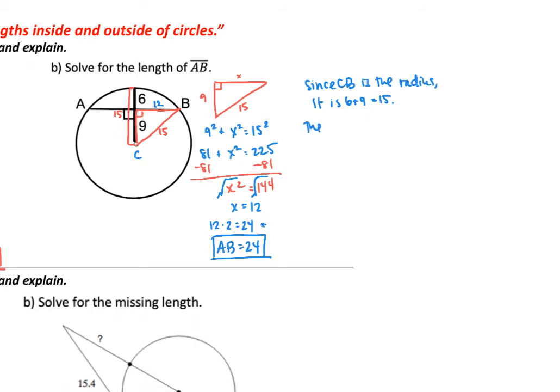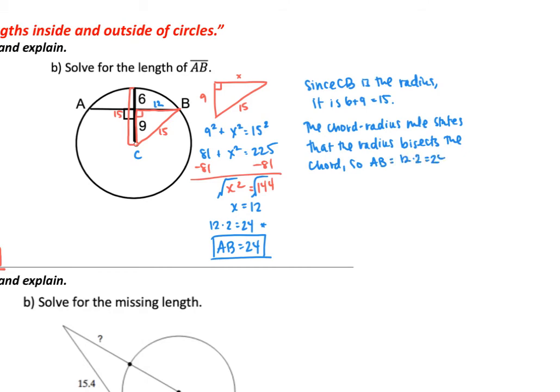So the chord radius rule states that the radius bisects a chord, so AB is 12 times 2, which is 24.